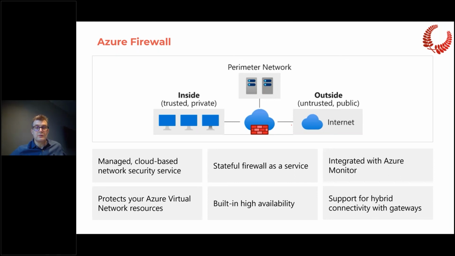Azure Firewall is a platform as a service, or I'd say firewall as a service, which is entirely managed by Microsoft, and it is integrated with Azure Monitor. It is integrated in Azure. It has automatic built-in high availability.